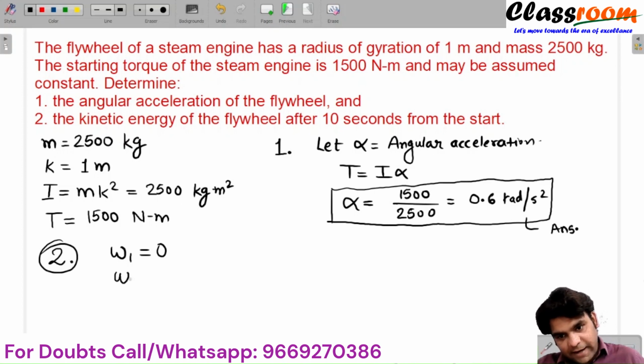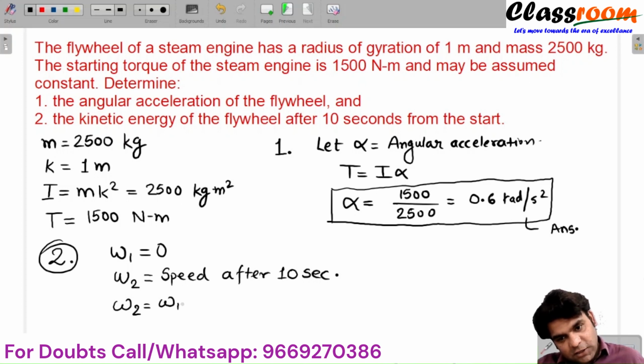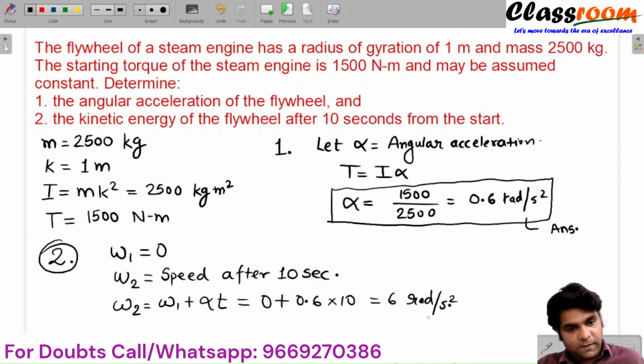After 10 seconds, the final speed omega 2 is equal to the initial speed plus acceleration into time, so 0 plus 0.6 into 10, which is 6 radians per second.